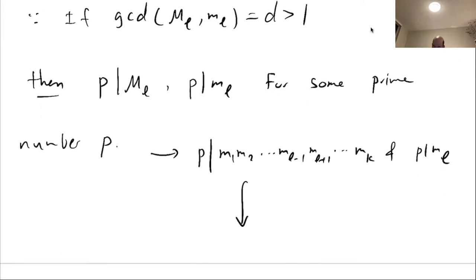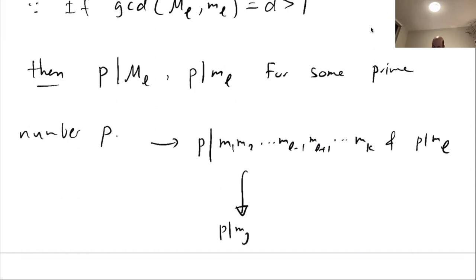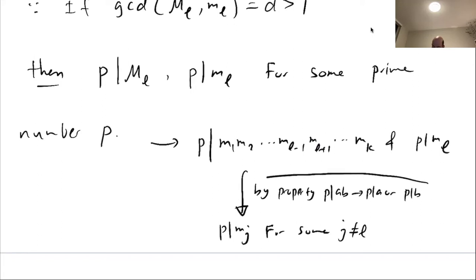Now the first one implies that P divides MJ for some J, by the property that P divides AB implies P divides A or P divides B. If you remember, towards the end of the last lecture, we showed that if a prime number divides the product of two numbers, then it divides one of them.